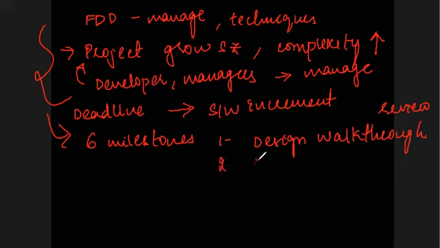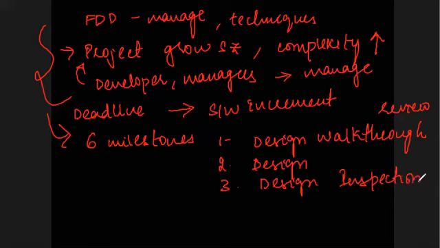Then you're going to actually design the architecture. Then when you've done the designing part, you're going to inspect how your design is. Inspection: you're going to check how accurate your software is, how robust your design is.